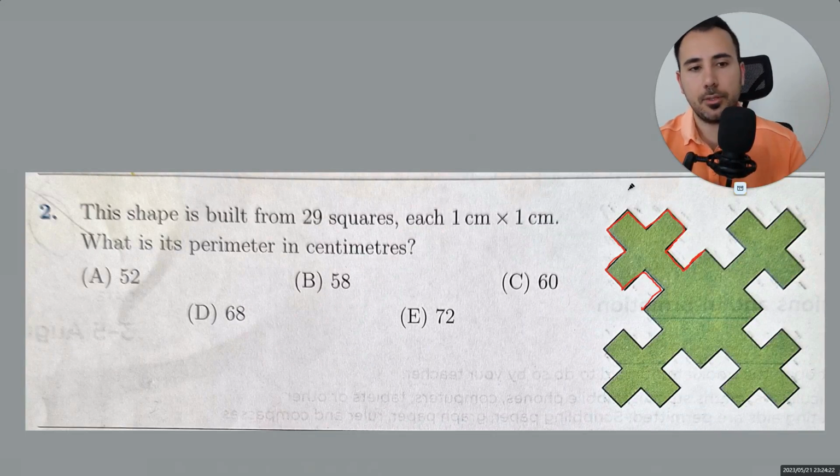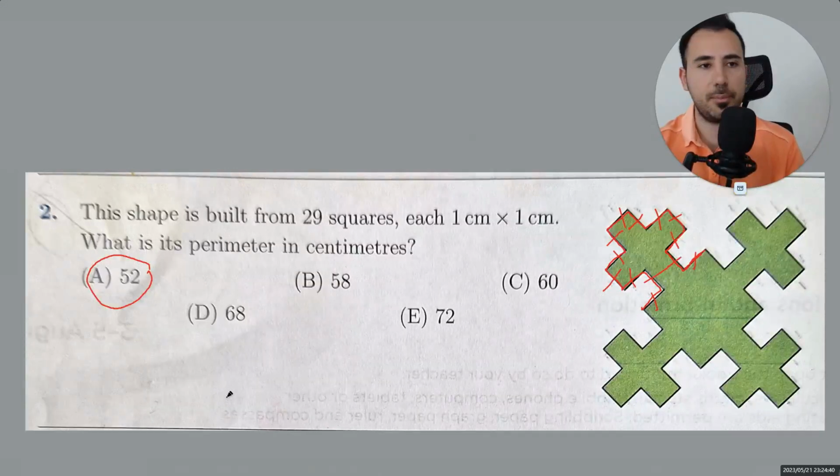So let's count: 1, 2, 3, 4, 5, 6, 7, 8, 9, 10, 11, 12, 13. And we're going to have 4 of these. So 4 13s is going to be 52. Let's just clean this part.